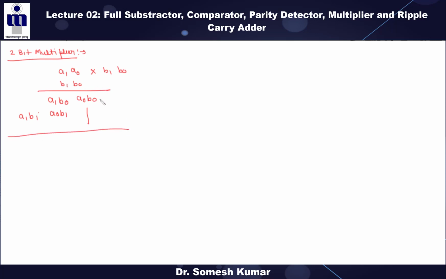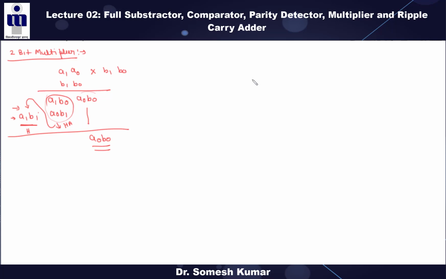Now tell me, for this first position, only an AND gate is needed, and at this position, what is needed, half adder or full adder? Half adder is needed, right? Because there is no carry. Similarly, at this half adder again, if there is a carry, it is given here, and one bit for this and one bit for this carry. So there are only two inputs, so a half adder can be used.